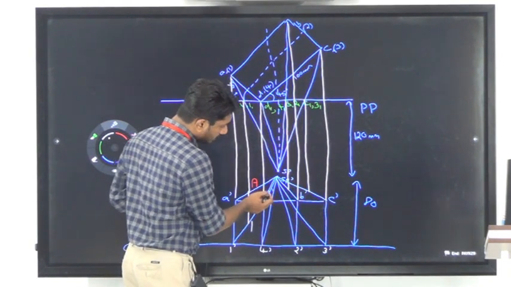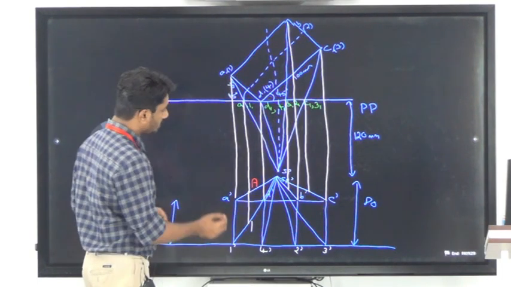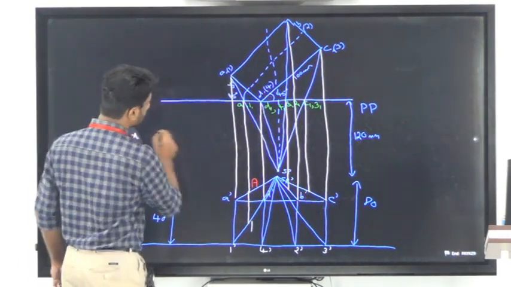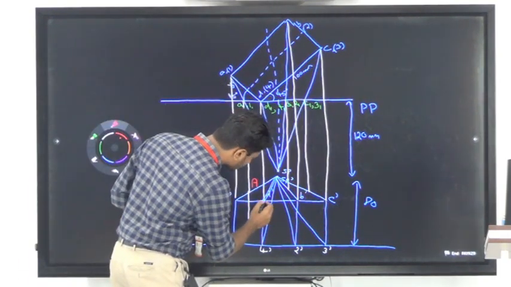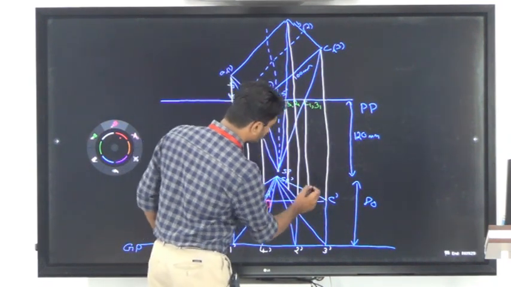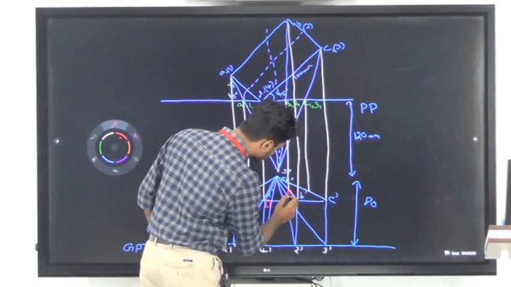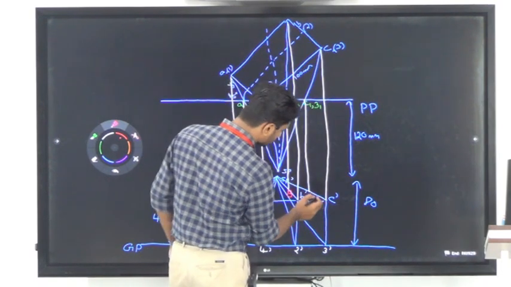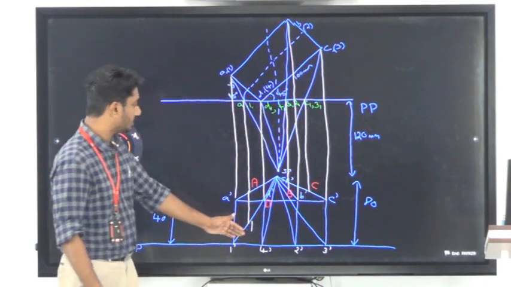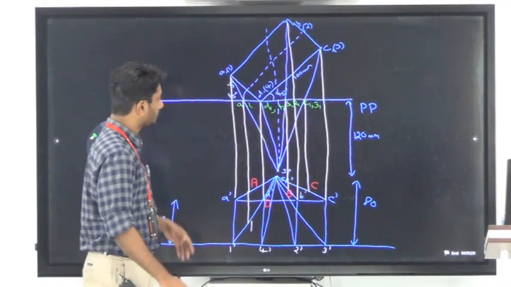It will meet the line joining D dash and SP dash at the point capital D. So we are getting the points A, D, B and C. Similarly, you can find the points 2, 3 and 4.